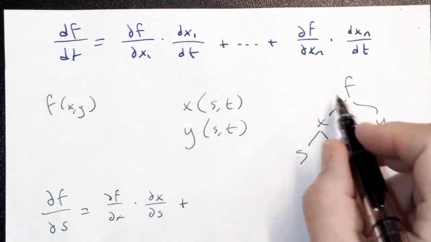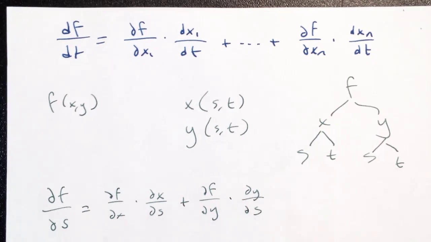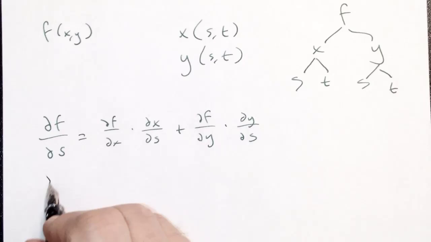But it's also the right-hand branch, partial of f with respect to y, partial of y with respect to s. But that's only one of them. Because I have an s, I also have a t. I could follow the same set of branches down to x and y and then go the other way to t.